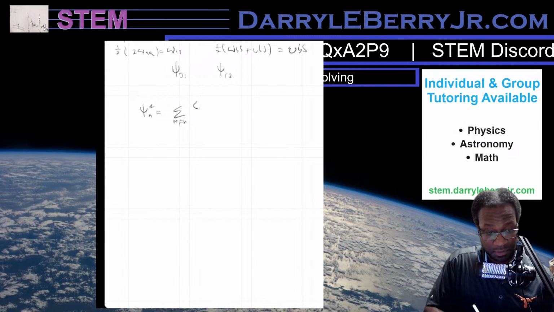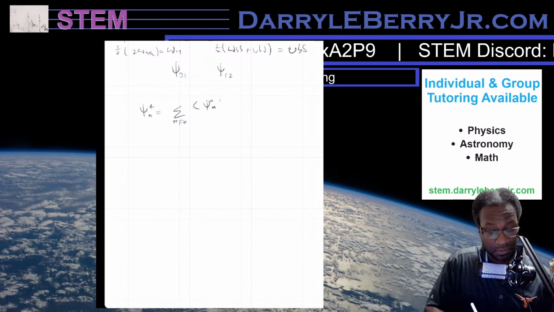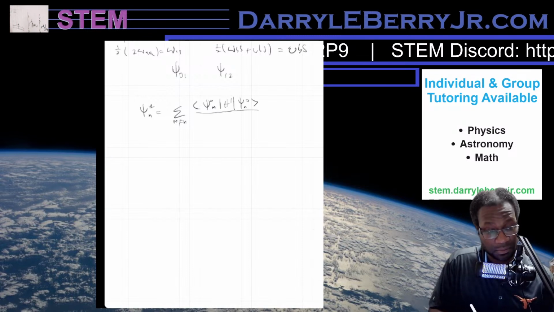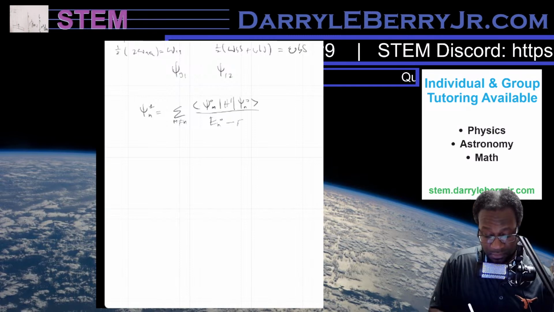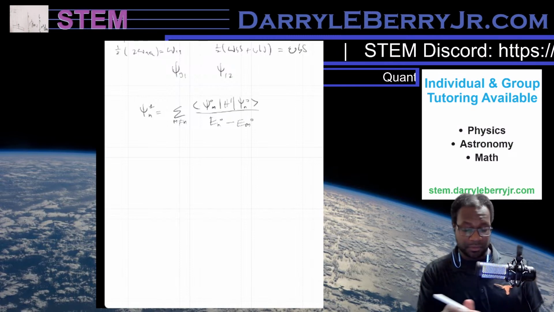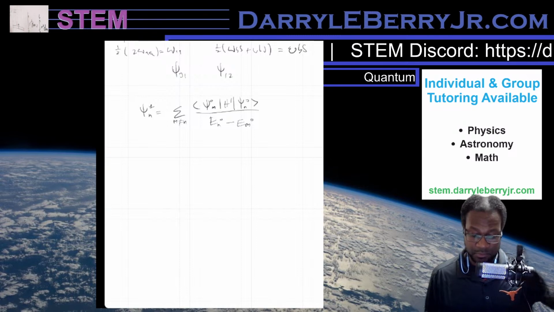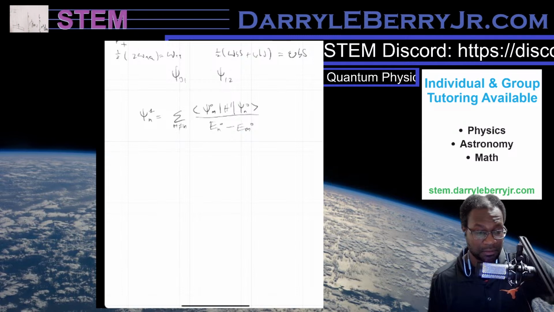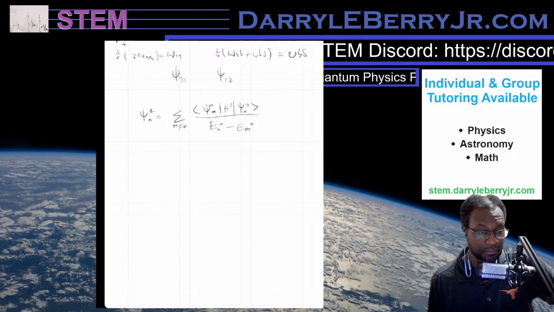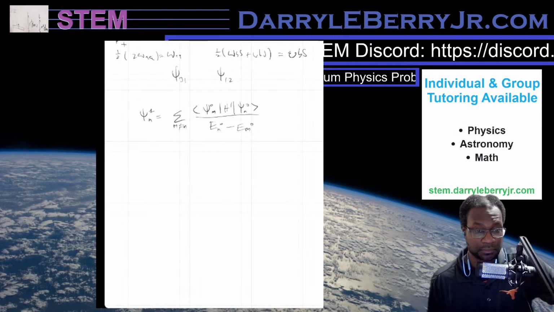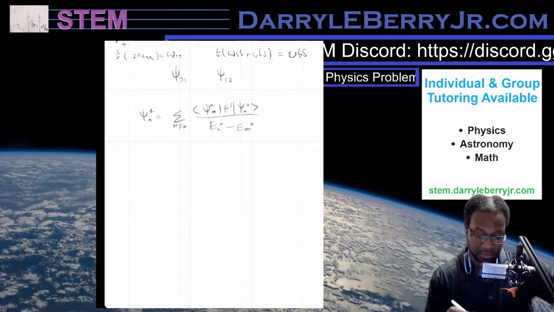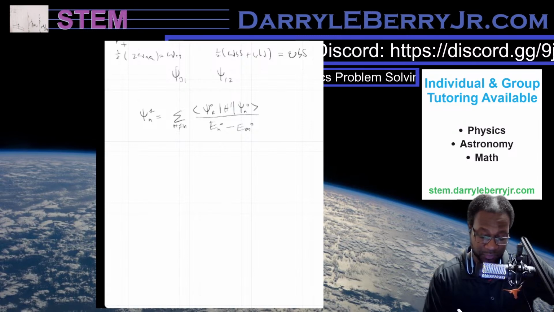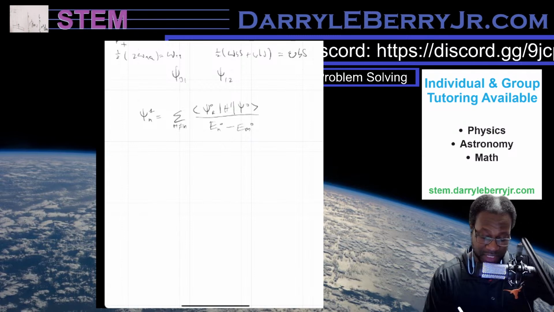It so happens that with this scenario, WM, which is really our WA, is going to be psi 3, 1, and this is going to be psi 1, 3.